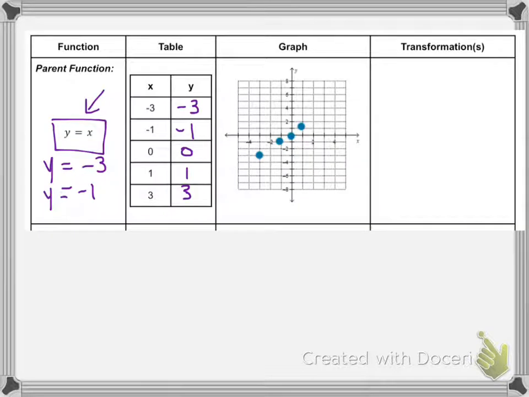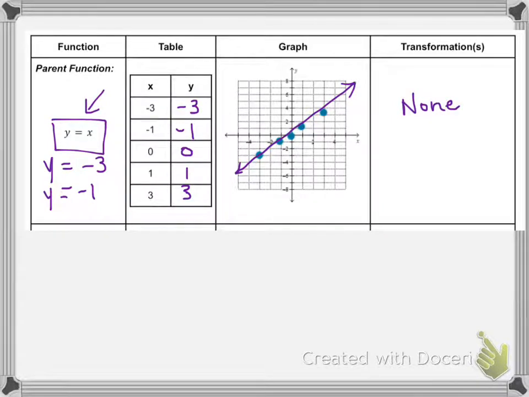And then 3, 3. You can tell that's close. It's not perfectly straight. Then I'm going to draw as best as I can a straight line through those. So that is my most basic linear function. It's the parent function, and so there are no transformations here. The transformations are none.